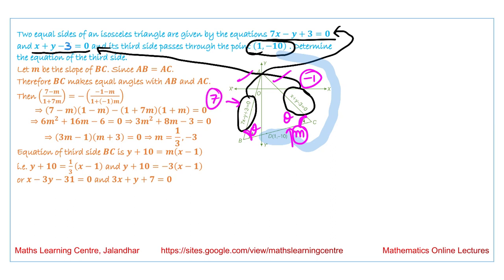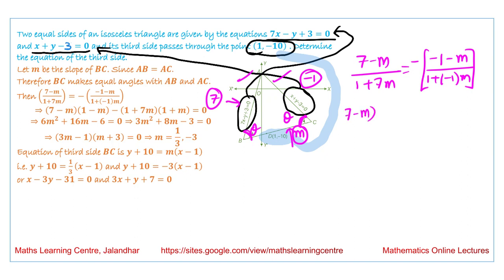So what we obtain from this is that (7 minus m) over (1 plus 7m) is equal to, minus sign is there, and we get minus (1 minus m) divided by (1 plus minus 1 into m). If we cross multiply these terms, we obtain (7 minus m) into (1 minus m) is equal to (1 plus 7m) into (1 plus m).